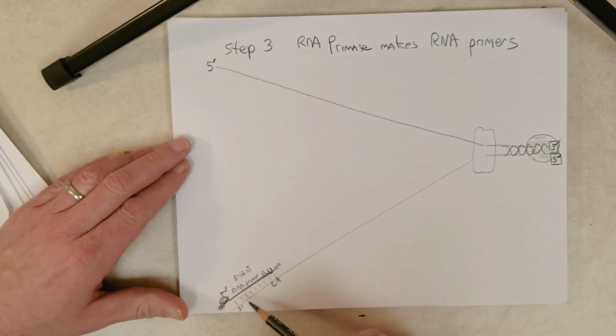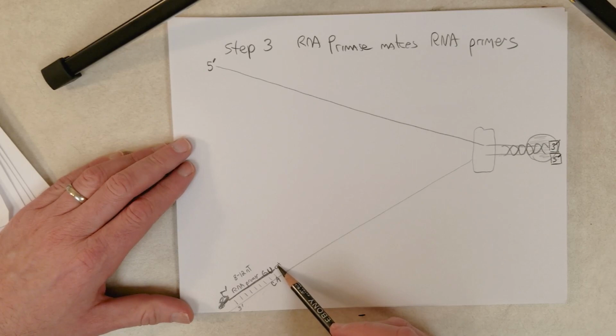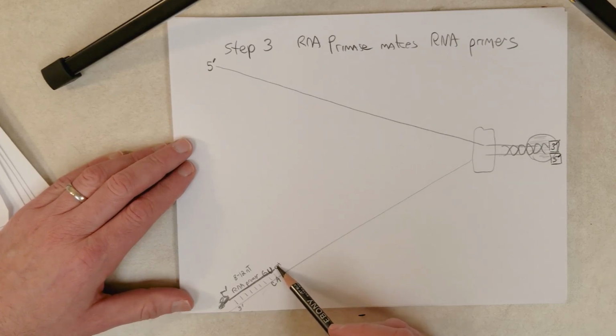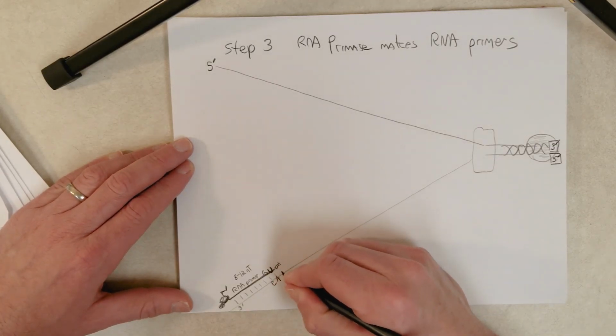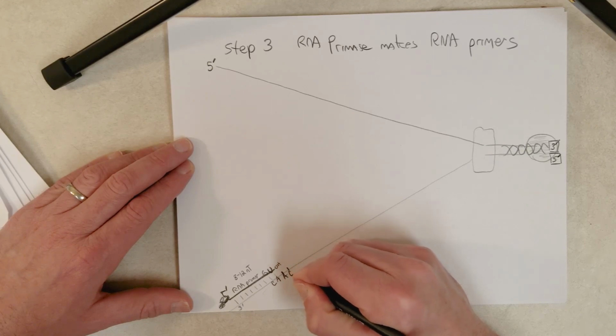And in the previous video, we saw how DNA polymerase uses the 3' OH, so that 3' carbon of the last nucleotide has a hydroxyl group on it, uses that to connect it to the next nucleotide. So let's say this right here is also an A, and this is a G.